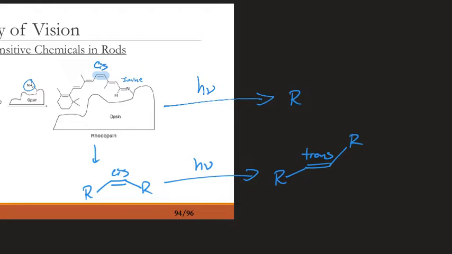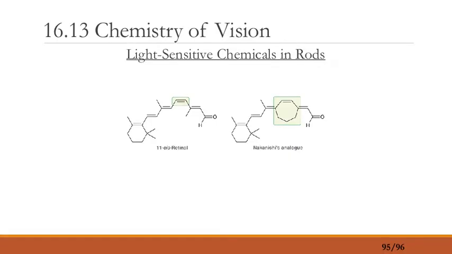You now have a difference in how the electrons go because the cis is going to be higher in energy than the trans. And so therefore, ultimately electrons are going up in energy, then they're going to go down in energy, and that's going to cause an excitation in your optic nerve, creating a signal to your brain that it recognizes as a color.